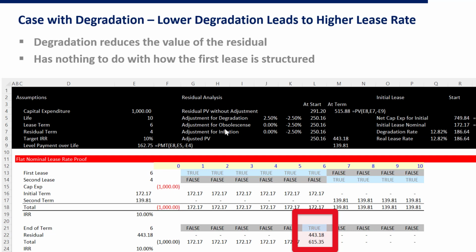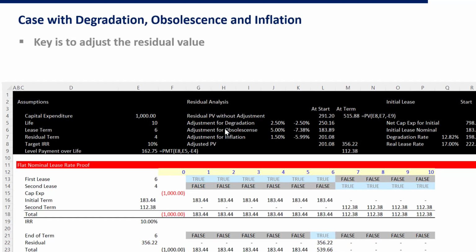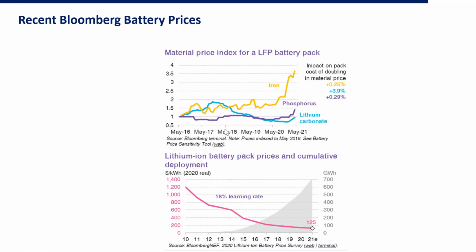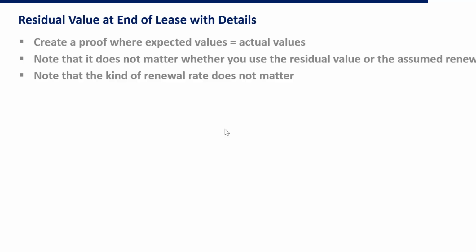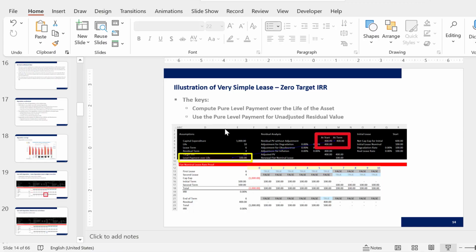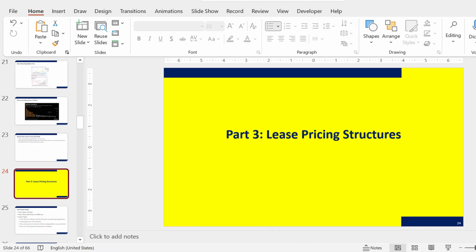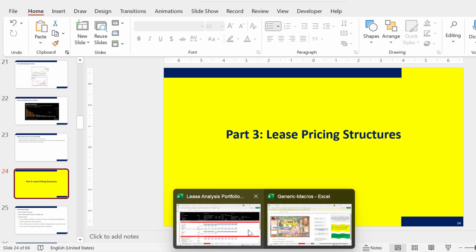And then we're going to put those in our model. And we're also going to account for obsolescence, which is the fact that battery prices might come down. There's our most famous ever battery thing from Bloomberg, okay? And let's just work through that just a little bit here. Okay, so I'm showing you this.